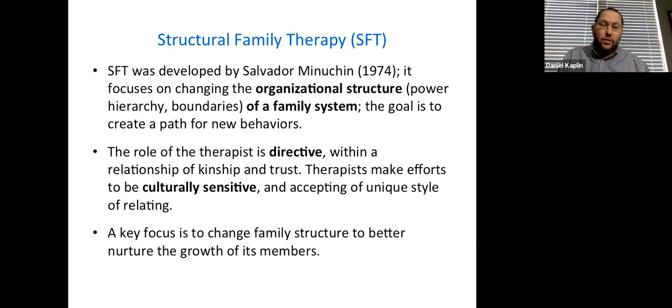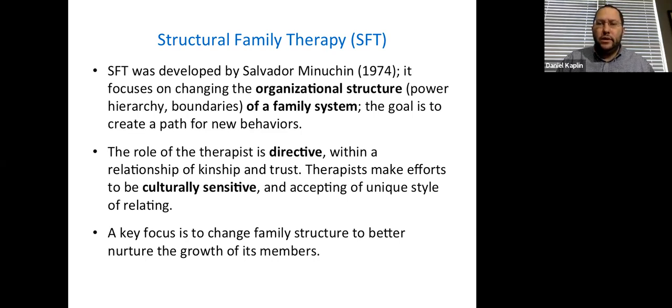So we're trying to identify power and boundaries. And if there are problems related to power and boundaries, we work on that. So the goal is to create newer, healthier behavior. And it's interesting that this model is pretty sensitive to cultural differences.